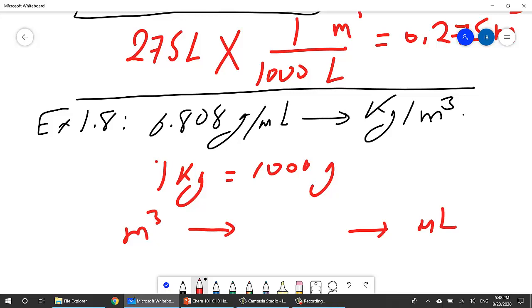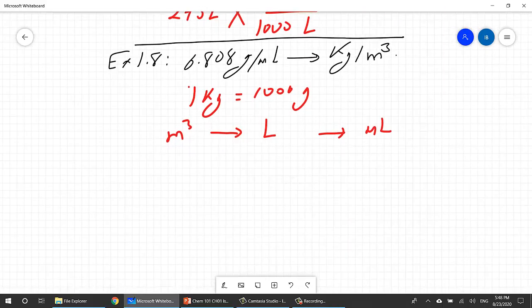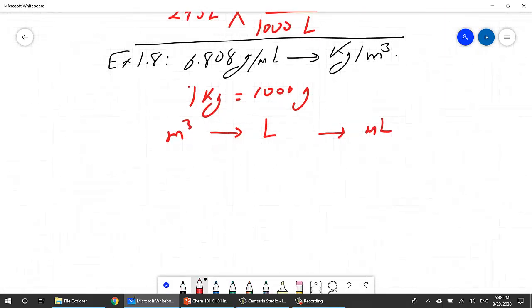That's a lot to convert. Maybe I can go from meter cube to liter, and then from liter to milliliter. So let's do that in 2 steps. It's a lengthy question because you have to do a lot of conversions here.